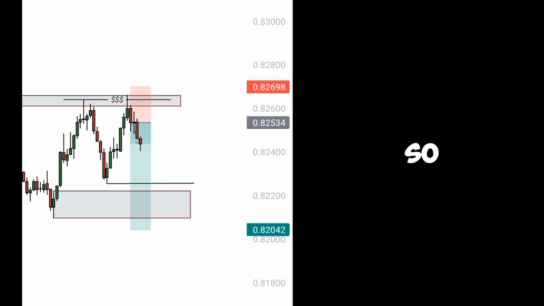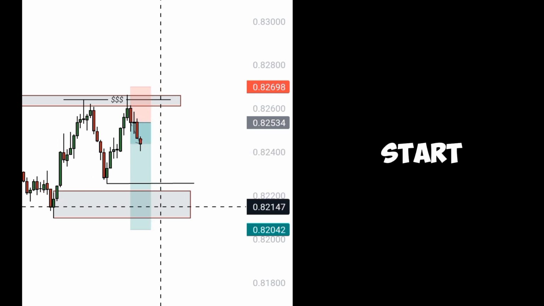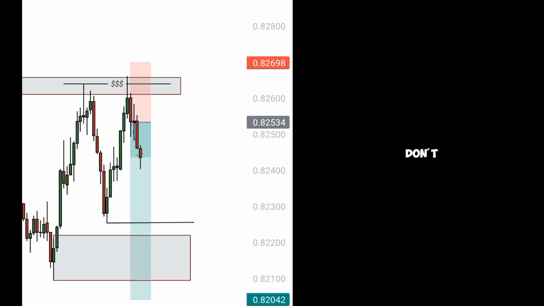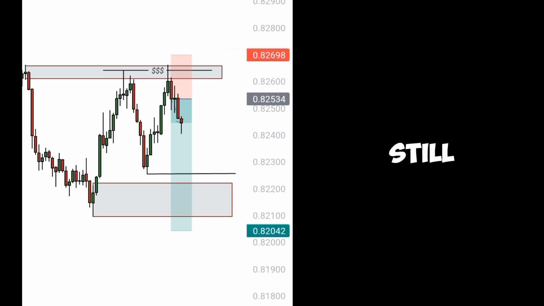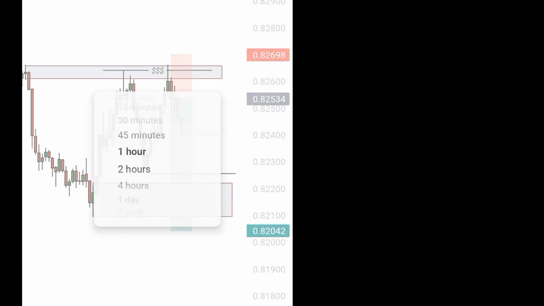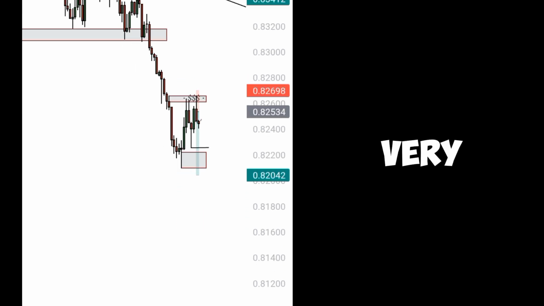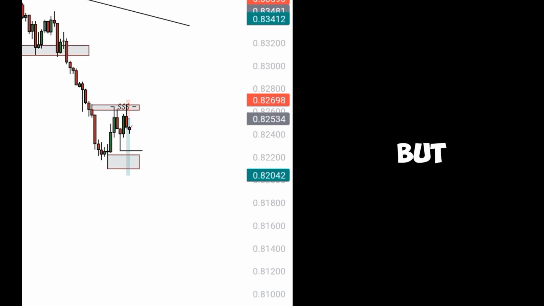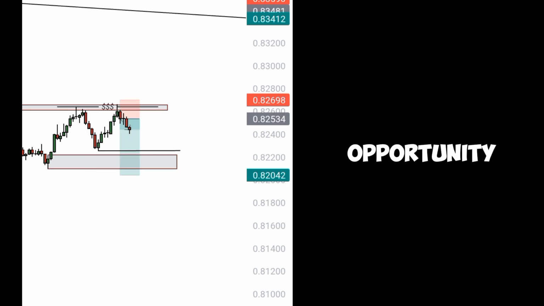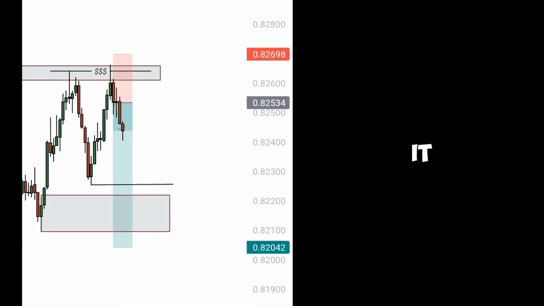So let's imagine the market gets to this point and starts going high. Now, I don't expect it to really go that high. Why? Because we are still in the downtrend, so I'm not very much interested in looking for opportunities to buy. But if I see a very little opportunity to buy, I don't want to take it so seriously.